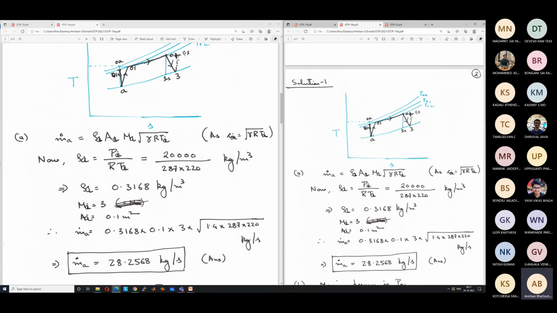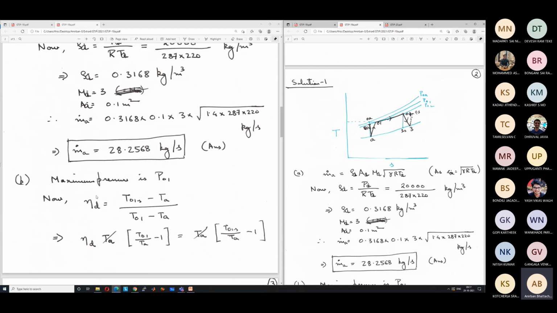Then using the isentropic relation between 01S and A, we find the relation between P01 and PA, which gives us P01. So maximum pressure is P01. Diffuser efficiency is T01S minus TA by T01 minus TA.